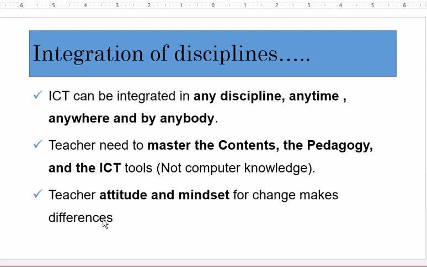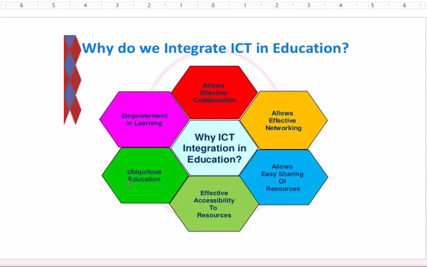We need to understand, if you don't have the content, we fail. If you don't understand the pedagogy, we fail. And if you don't understand the work of the ICT tool, we fail. Therefore, as teachers, we need to keep abreast of all three. Let's understand why we need to integrate ICT in education: it makes education collaborative.